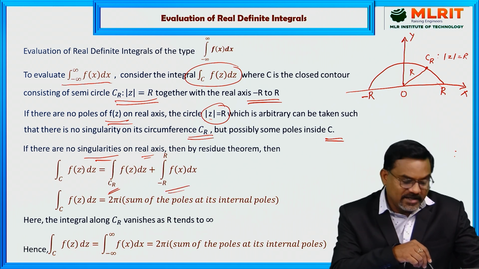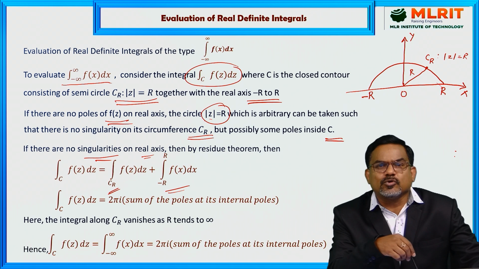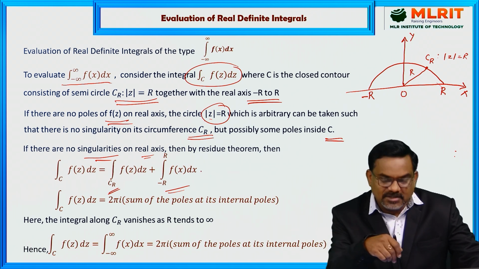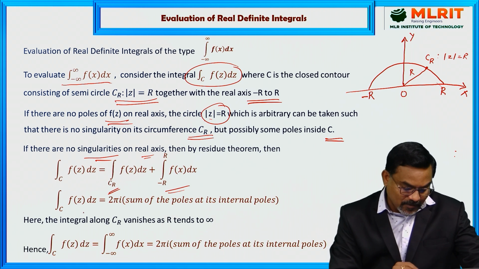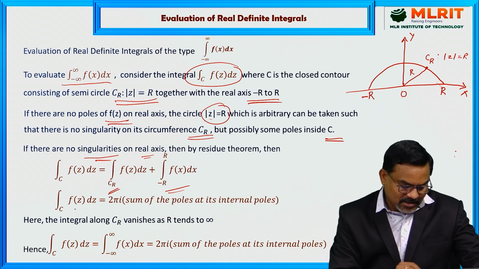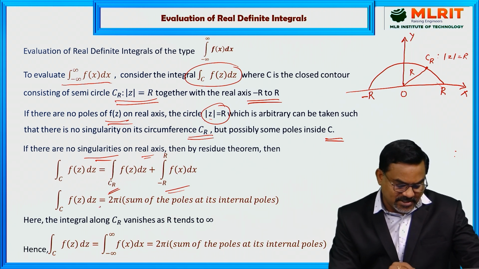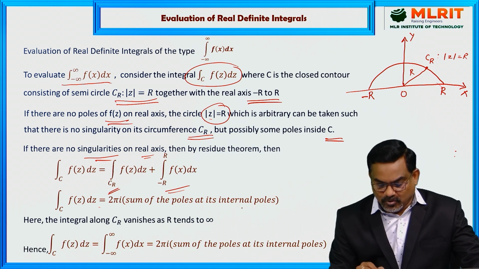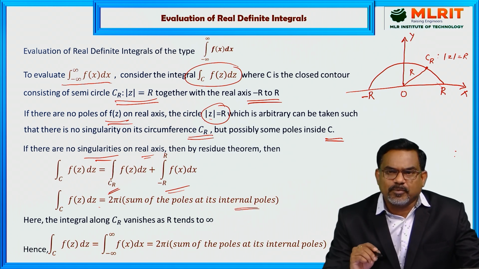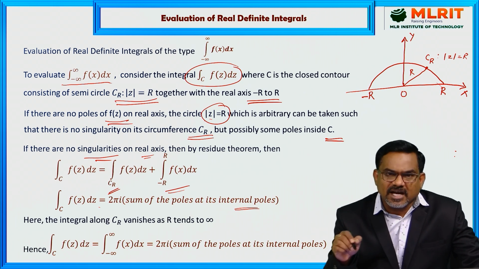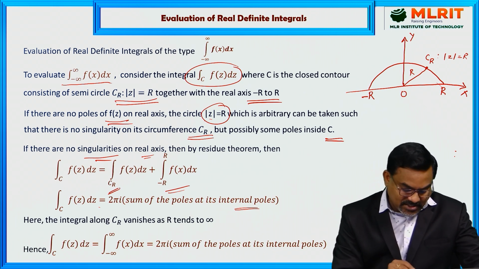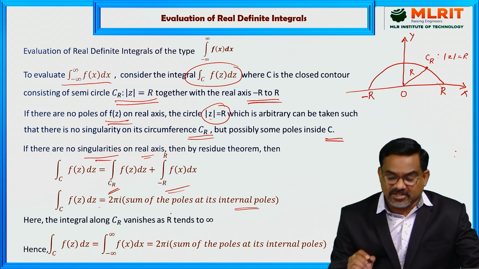So, the integral can be divided into two parts: one on the circumference and one within the circle. Using the residue theorem, the integral along C of f of z dz is 2 pi i times the sum of the residues at its internal poles. Internal poles means the poles which are inside the curve C. The integral along CR vanishes as R tends to infinity.